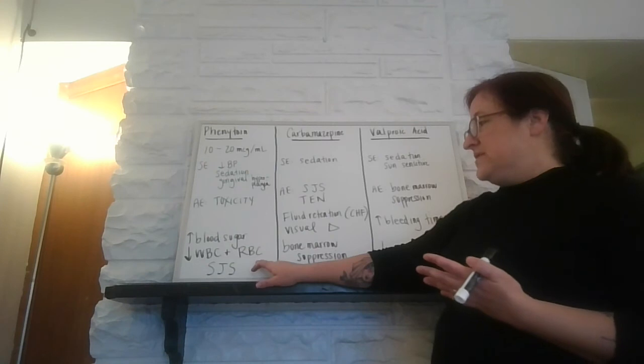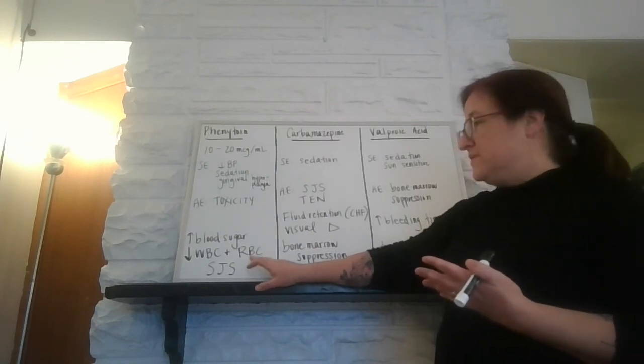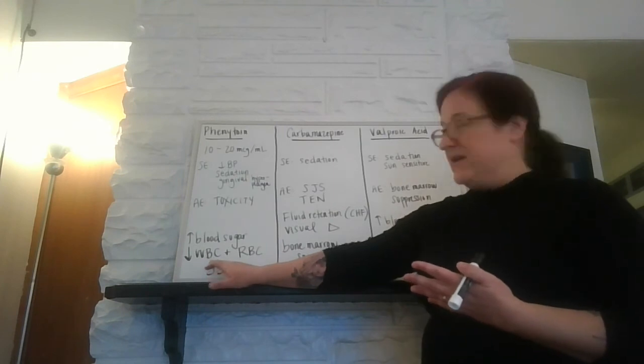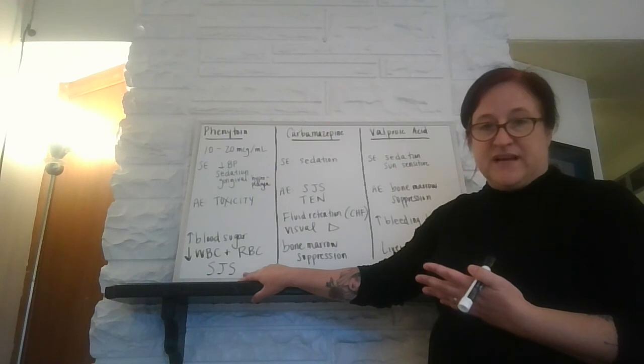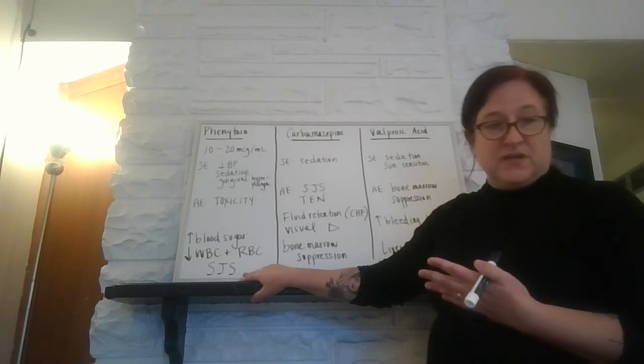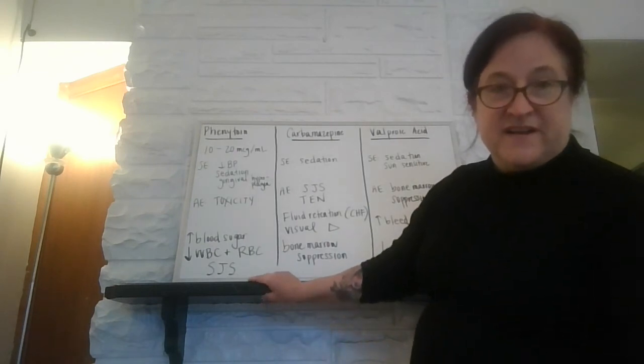It can decrease their white blood cells and their red blood cells, which means we increase risk of infection potentially and anemia, and can cause that severe skin reaction, Stevens-Johnson syndrome. So that is some of the highlights of the phenytoin.